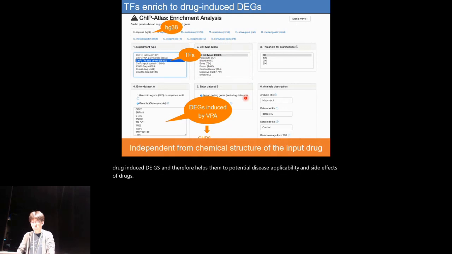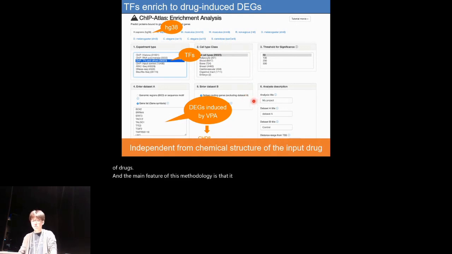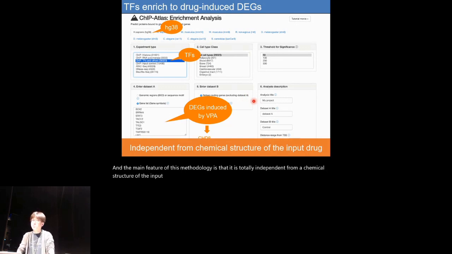And the main feature of this methodology is that it is totally independent from chemical structure of the input drug, which makes it advantageous for analyzing complex mixtures such as traditional herbal medicines.